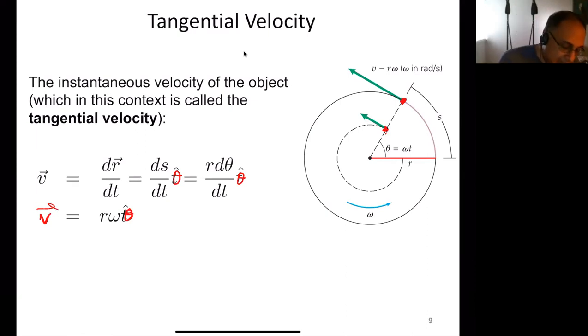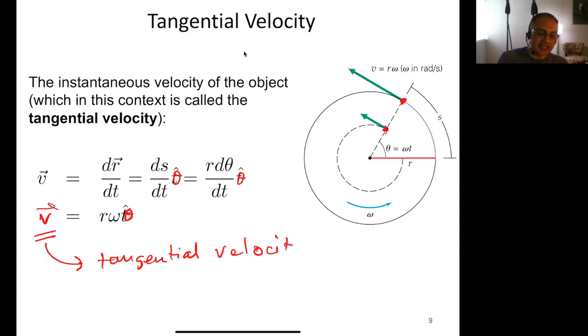Okay, and this velocity v, just because we have an angular velocity as well, which is omega, in this chapter we are going to always call it the tangential velocity. It's the same velocity that we've been studying so far, dr dt, that's its definition. But in this chapter, we are going to call it tangential velocity just because there is another velocity here.